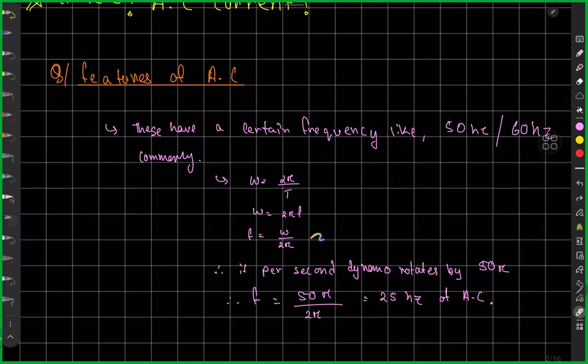So this gives me ultimately the number of cycles, that is oscillations, per second. Make sense? Okay.